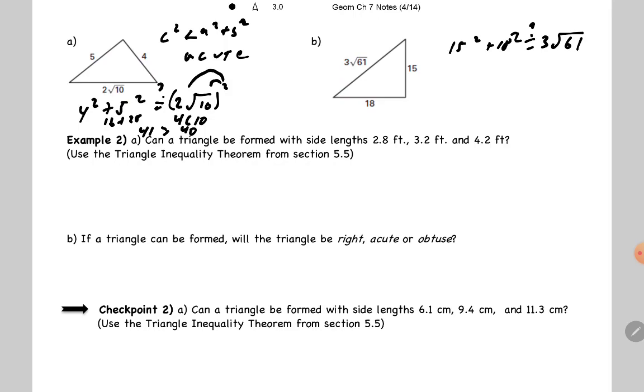So here we go. 225 plus 324, does that equal 3 times the square root of 61, squared? 9 times 61 is 549. Is that equal to 549? Yes. Which is a right triangle.